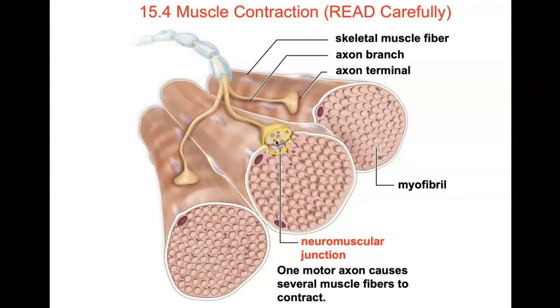Axon terminals contain little chemicals known as neurotransmitters, and these are the ones that are actually going to innervate or activate the muscle fiber. The point where the muscle fiber meets the axon terminal is known as the neuromuscular junction.